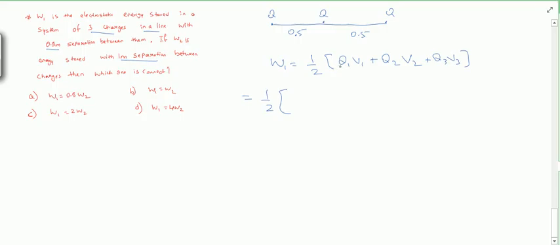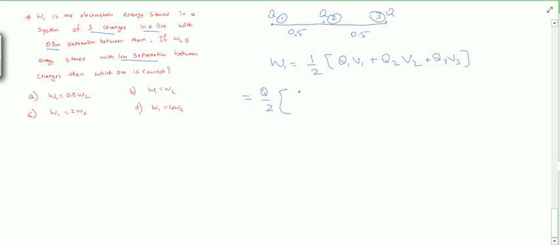Q1, Q2, Q3 I am taking equal, so I can take Q outside. So it can be written as Q by 2, and V1 will be the potential at position 1 due to the second and third point charges.